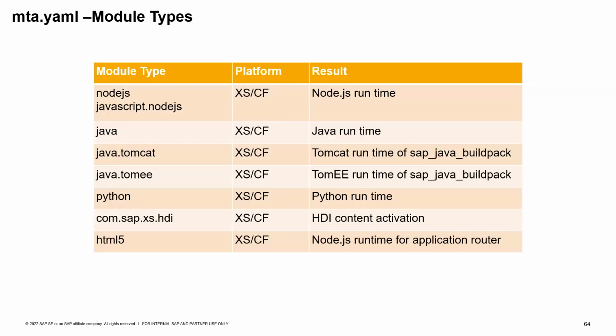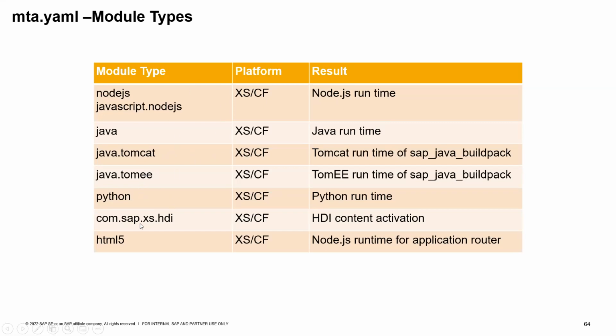So this slide shows the module types and the platform and the runtime that are available. So we have the Node.js module type, or JavaScript.node.js. The runtime platform will be Cloud Foundry in our case, available on Access Advanced as well. So the Node.js runtime is the resulting runtime environment.